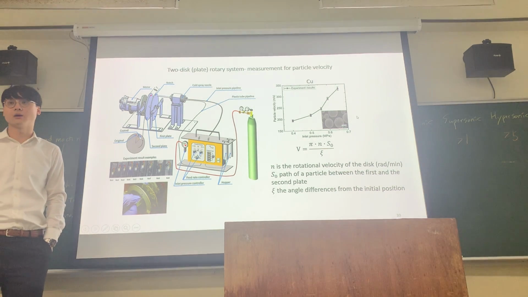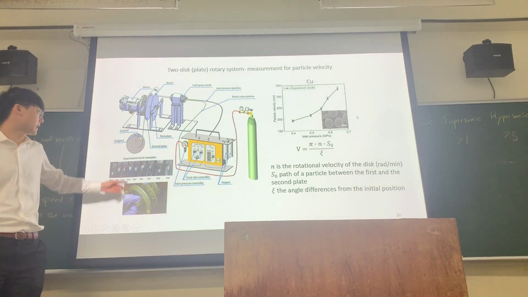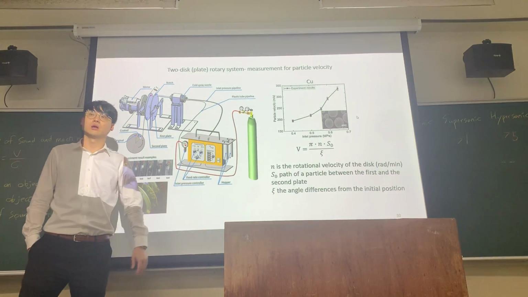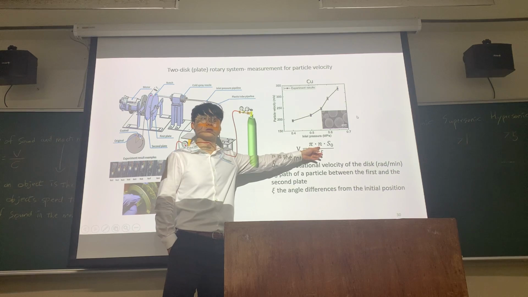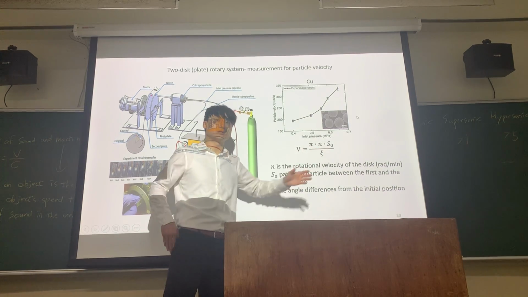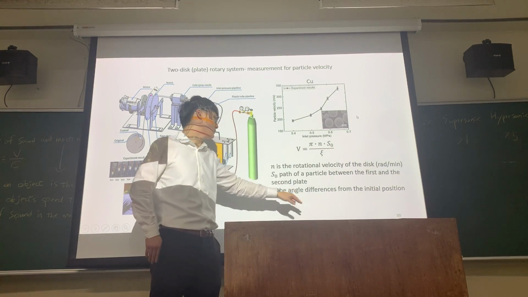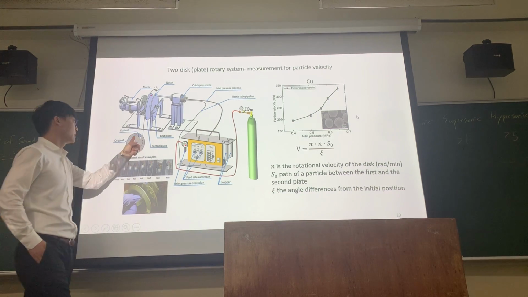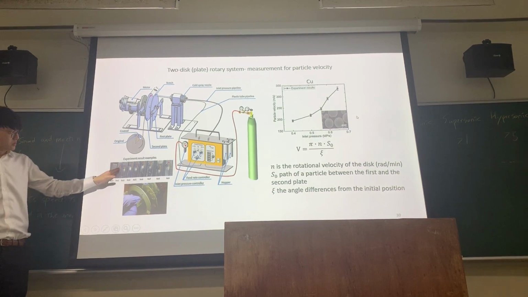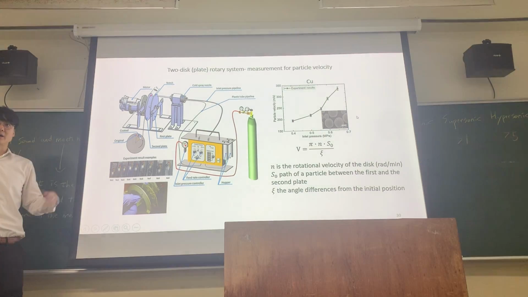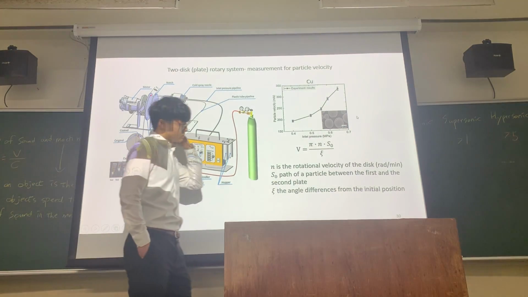So with that, we're able to calculate this angle with this equation. So this pi in the end is the rotation velocity, the RPM. S naught is the plate distance, and the C value is the angle difference, right? Over here is each of these angle differences that I have measured, with which we're able to calculate the particle velocity.